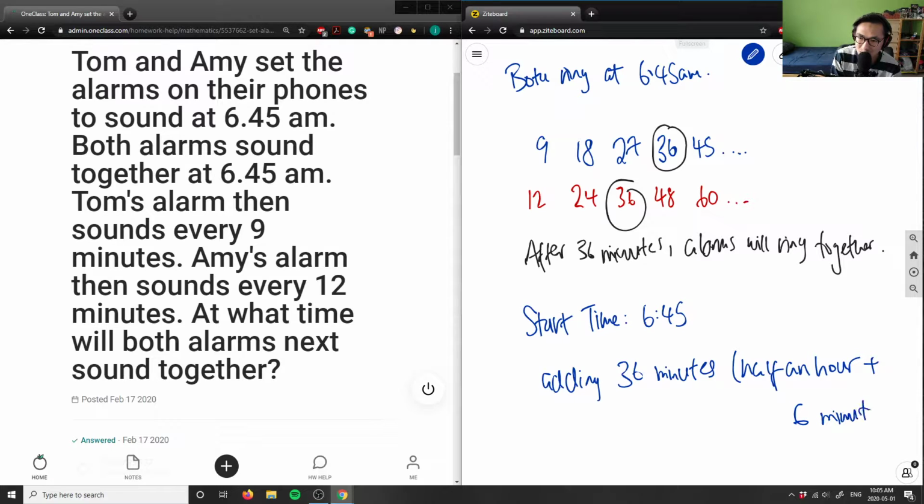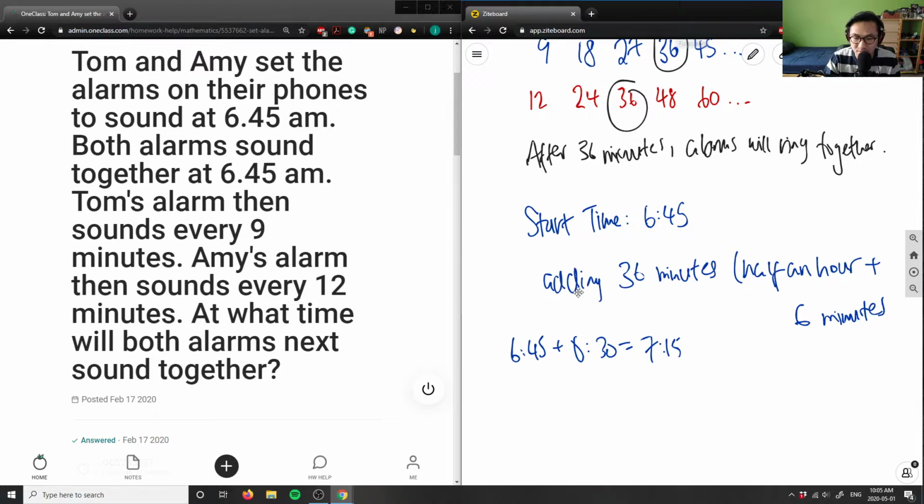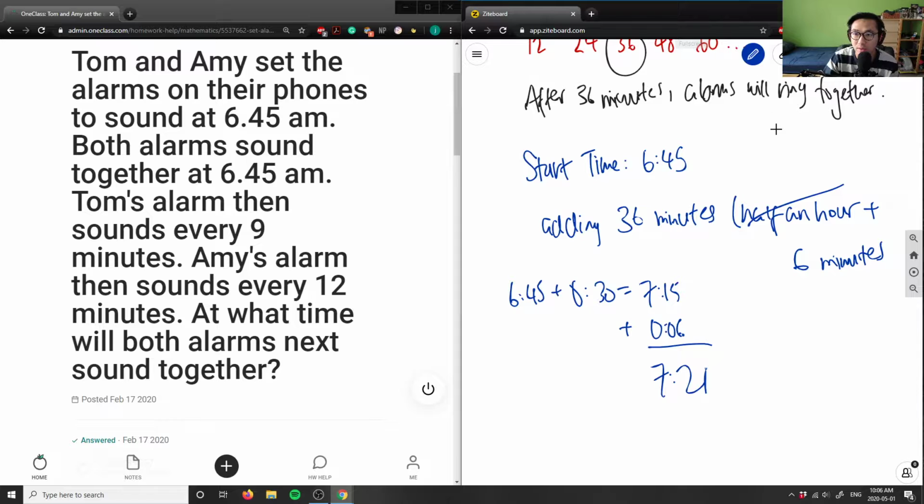Half an hour after 6:45, quarter to 7, gives you 7:15. That cancels out the half an hour, because we added it already. All we have to do is add 6 minutes to 7:15, and you get 7:21. So that means our answer here is at 7:21, both alarms are going to sound.